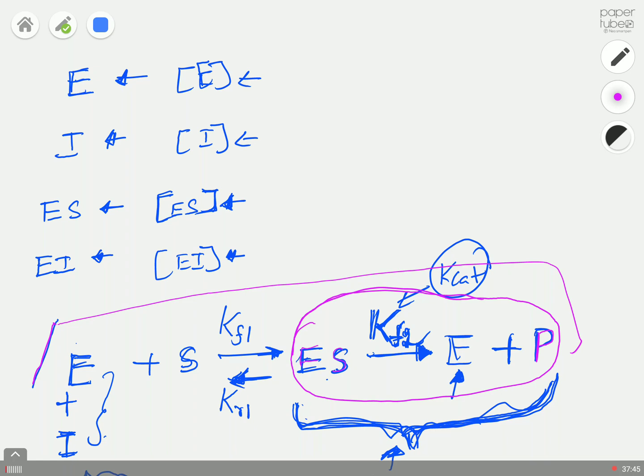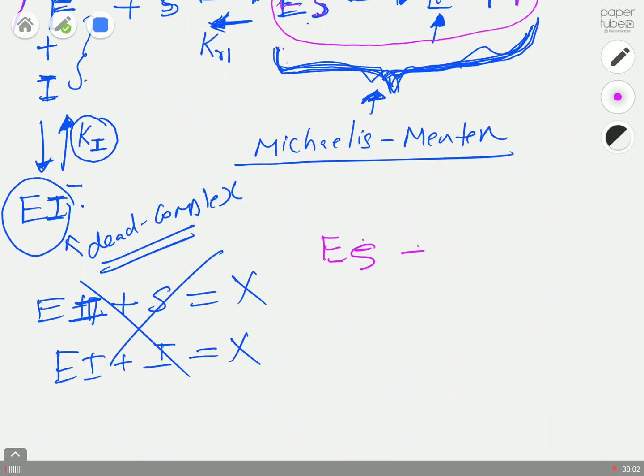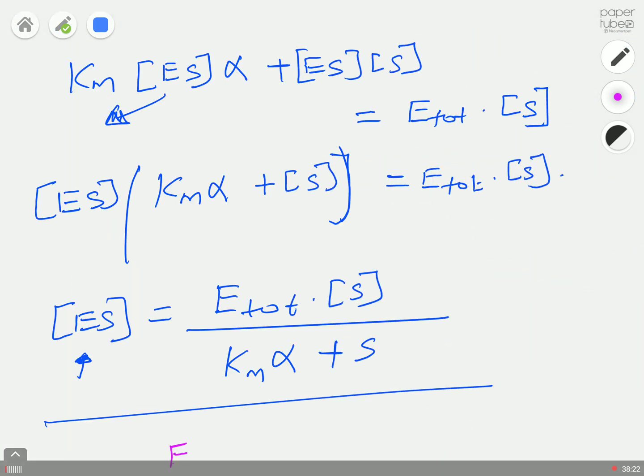Obviously this is going to be the slowest reaction. So again, like what we did when we were deriving the Michaelis-Menten expression, the rate of this reaction is dictated by the slowest reaction, which is enzyme substrate complex gives your enzyme plus products.